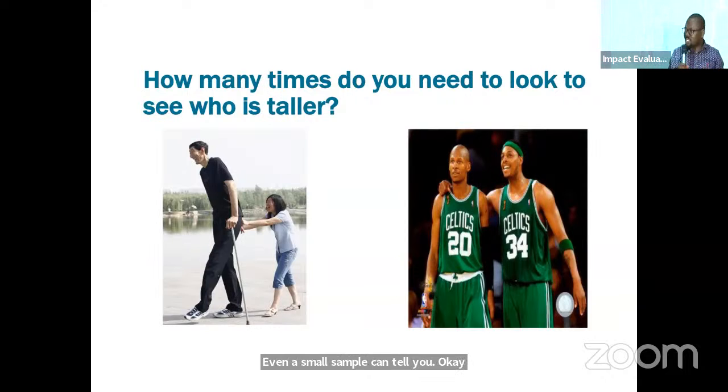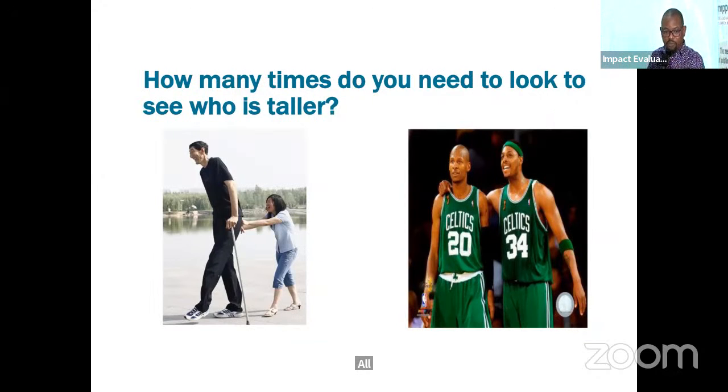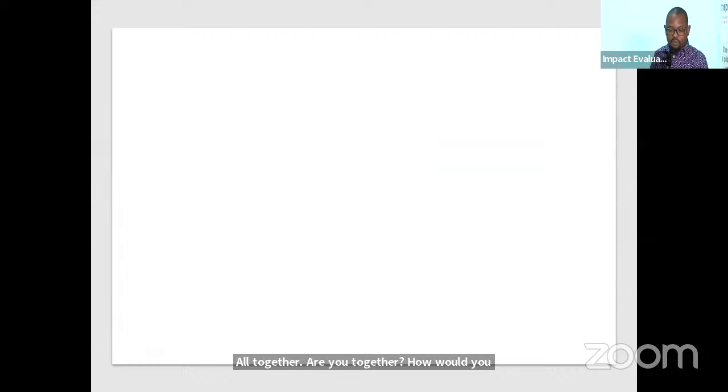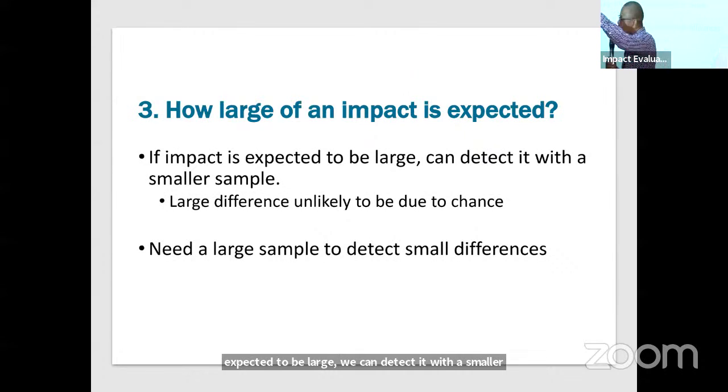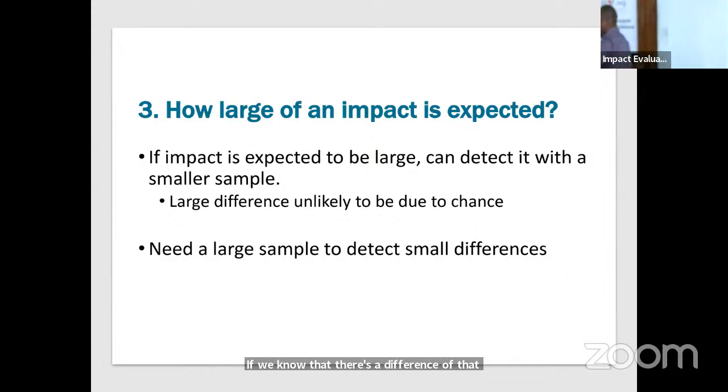Okay, how large is the impact? Are we together? So how large of an impact is expected? If the impact is expected to be large, we can detect it with a smaller sample. That's what I was trying to say. In the first panel, if we know there's a difference of that magnitude, we don't need a big sample to detect the impact.